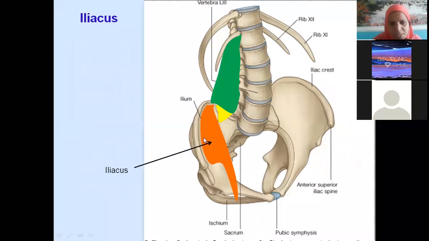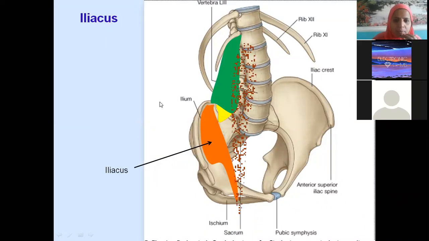Then you are seeing this muscle. What is the name of this muscle? Iliacus. Iliacus is arising from the iliac fossa, which you should have studied when you were doing the hip bone. Iliacus and psoas major both of them join to form the iliopsoas tendon.